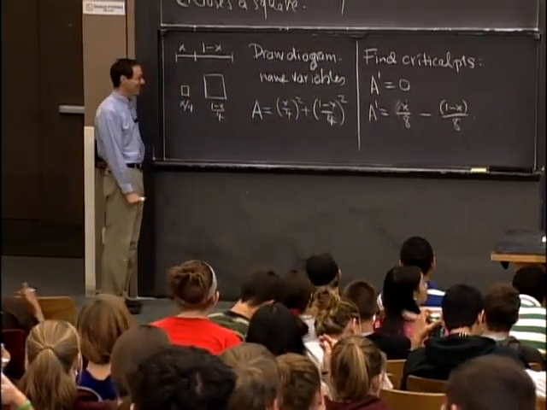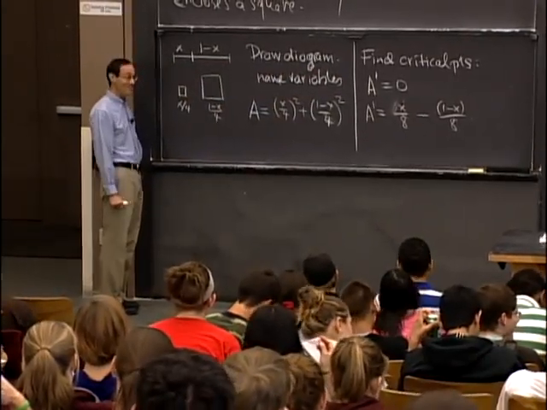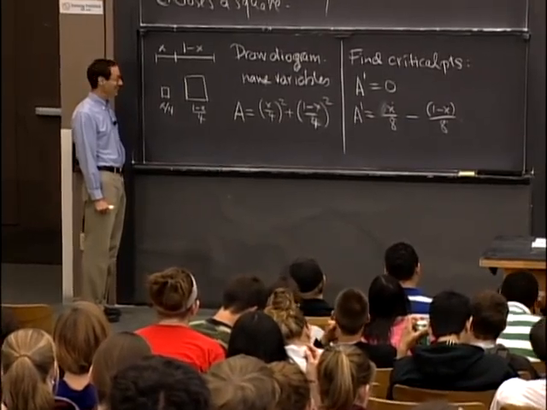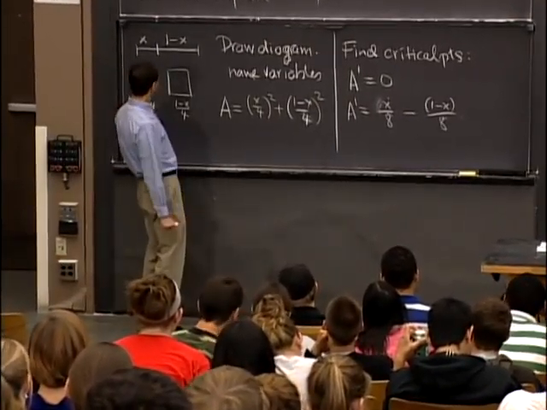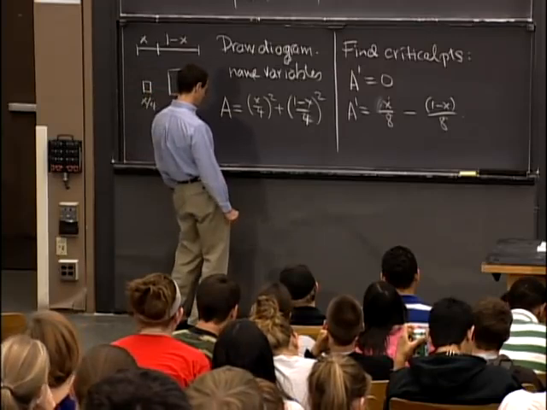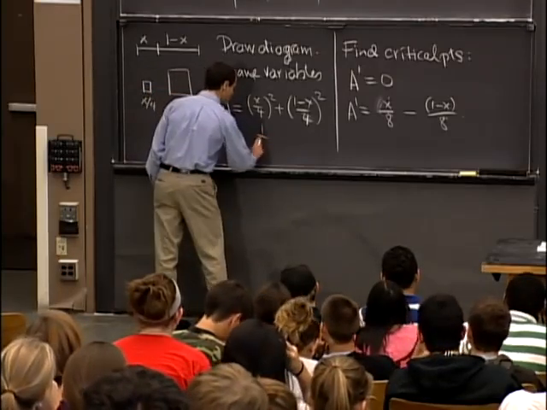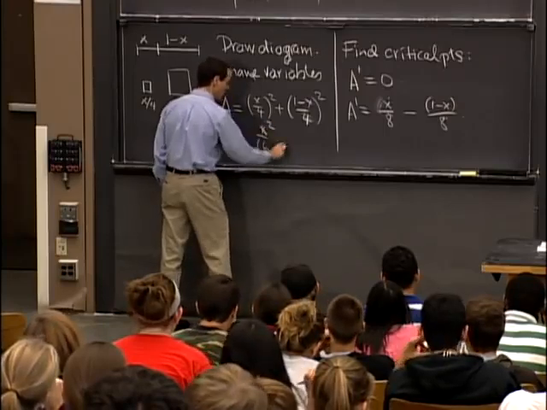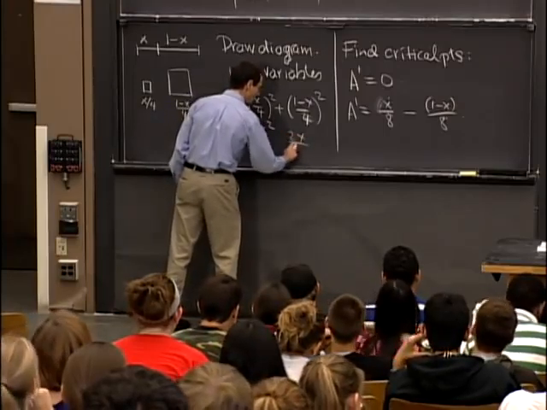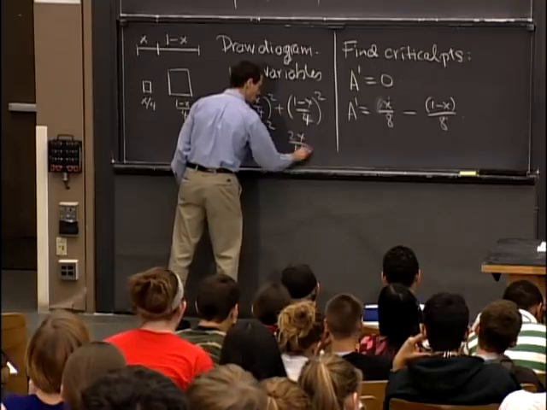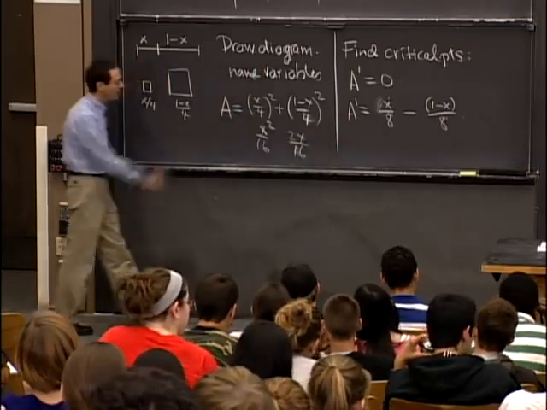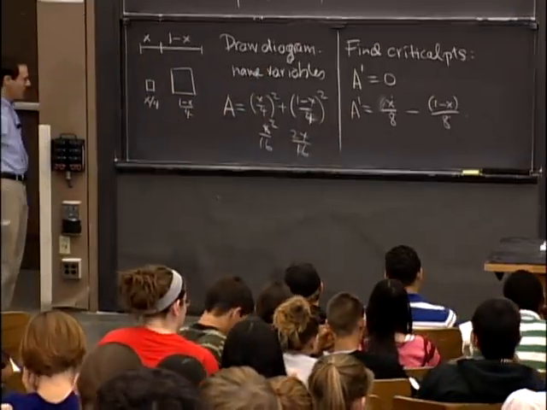Is there a problem? Yeah, it should be over 2, shouldn't it? Because when you take the derivative of x squared, you get 2x. So there's a 1/16 here. This is x squared over 16, and so it's 2x over 16, which has an 8. Okay. So it's okay.